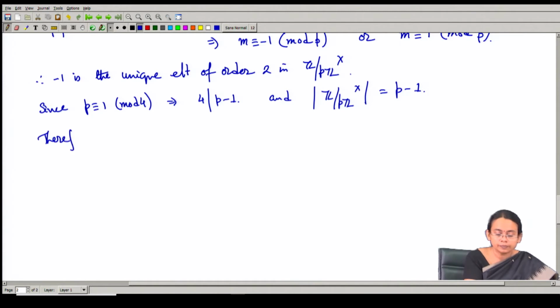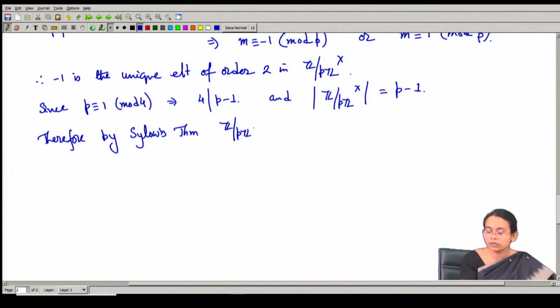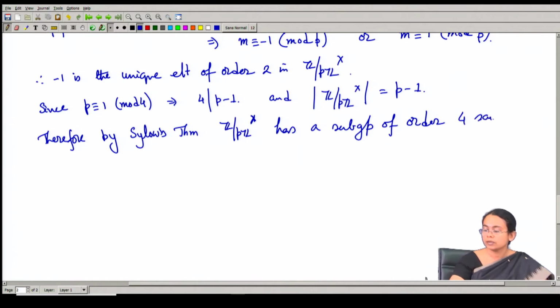Therefore, by Sylow's theorem, Z quotient pZ cross has a subgroup of order 4, say H.